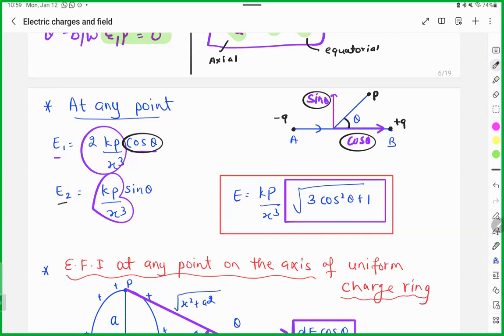And E2 means equatorial. Here you will have E2 and here you will have E1. So in E2 you will have sine, exactly like equatorial. And how to calculate the resultant? You know the method of resultant: electric field is the square root of E1 square plus E2 square.